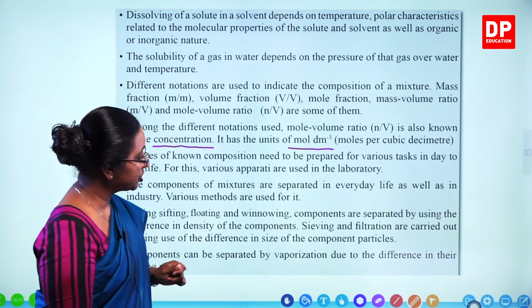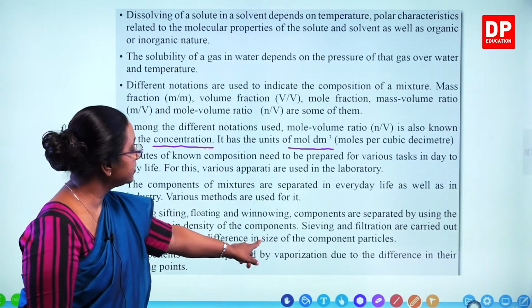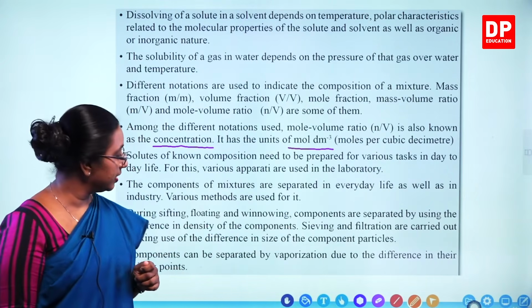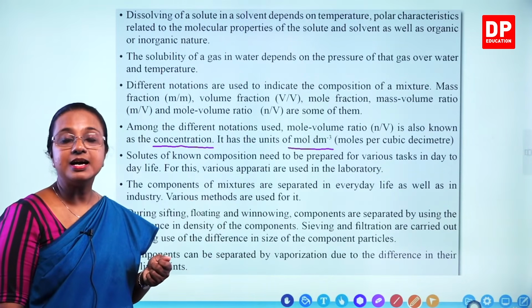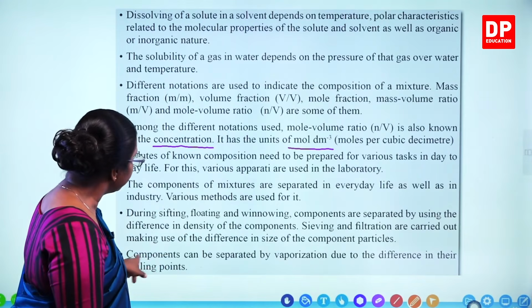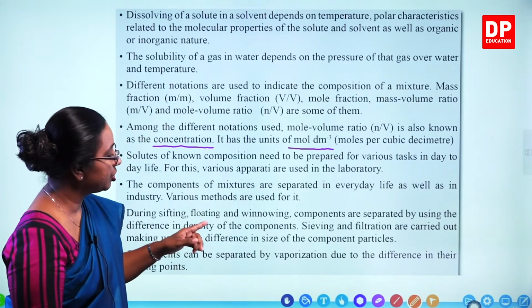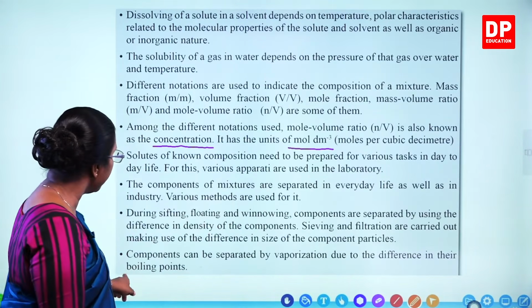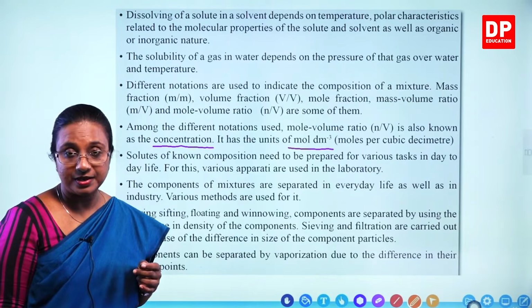Sieving and filtration are carried out making use of the difference in size of the component particles. So, here that is the size difference that is used for separation. Components can be separated by vaporization due to the difference in their boiling points, another physical property.